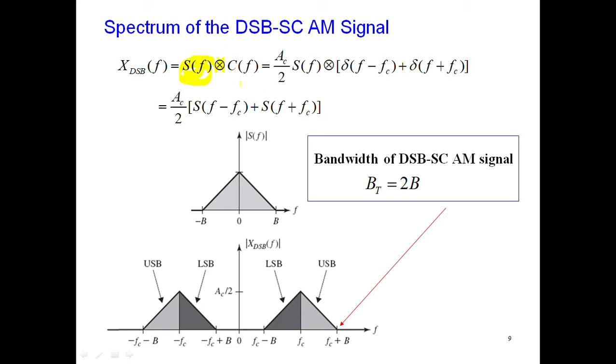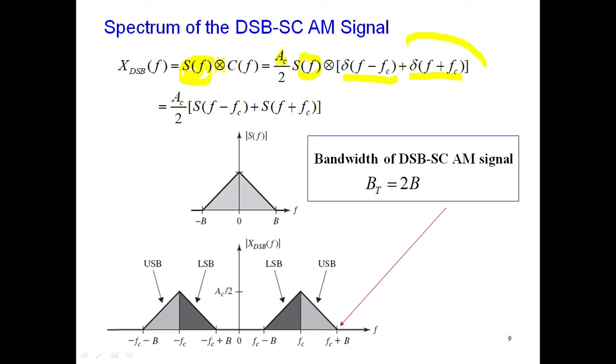The carrier in the frequency domain is Ac divided by 2, convolved with delta f minus fc plus delta f plus fc.